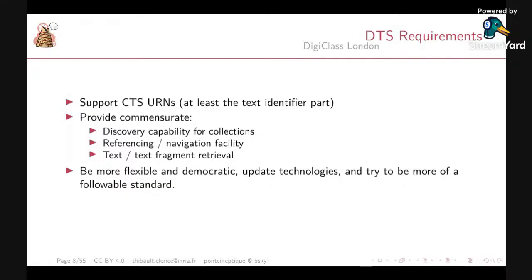And this is, to me, what's most important in CTS and also to some extent in DTS: that you are able to say, I want line 1 of song 1 to line 5 of song 1 from the Aeneid, and you're able to show this passage very easily.